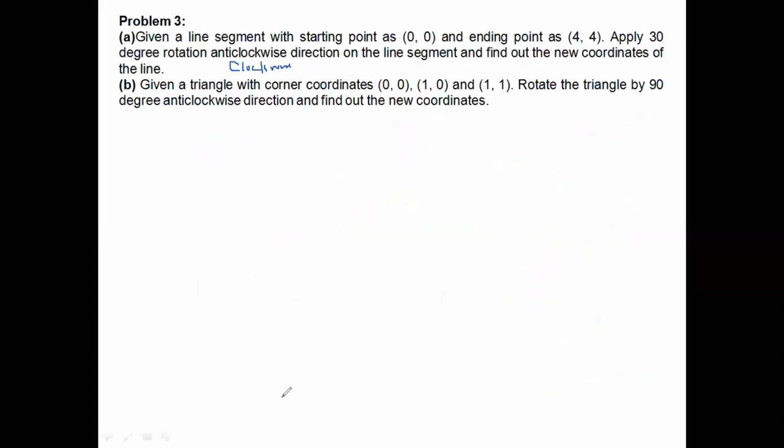What I am trying to say is that earlier we took a line at 0, 0 or somewhere 4, 4, and we rotated this line by an angle of 30 degrees, and the rotation was anti-clockwise.